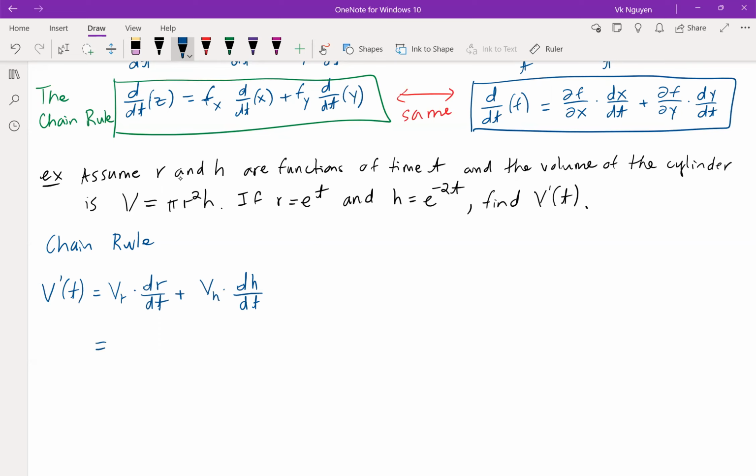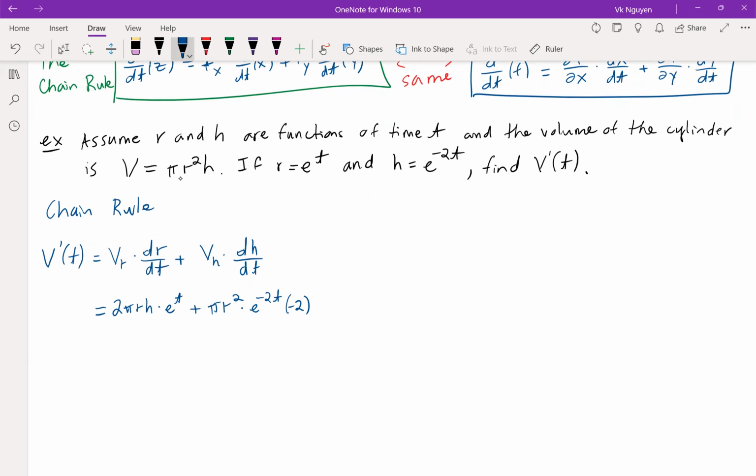Partial derivative with respect to r is 2 pi r h, and then dr over dt is e^t. Plus the partial derivative with respect to h, pi r squared, and the derivative of h with respect to t is e^(-2t) times negative 2.